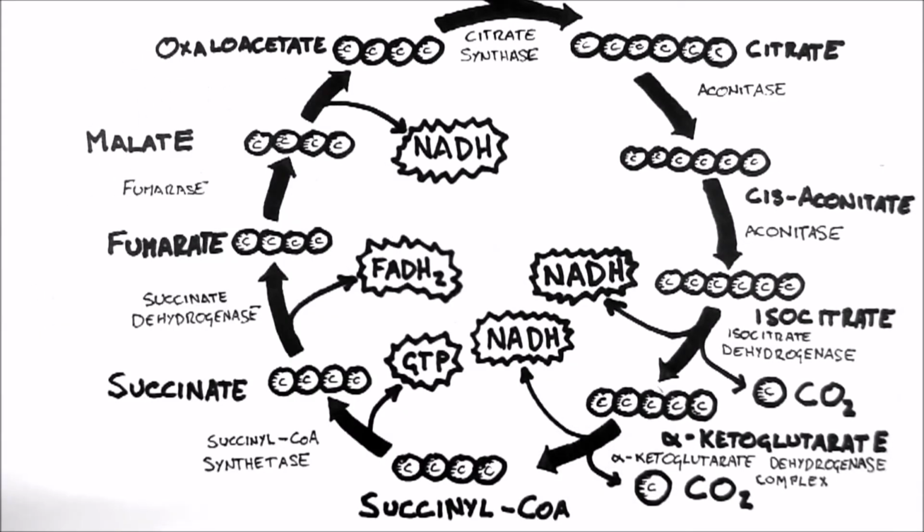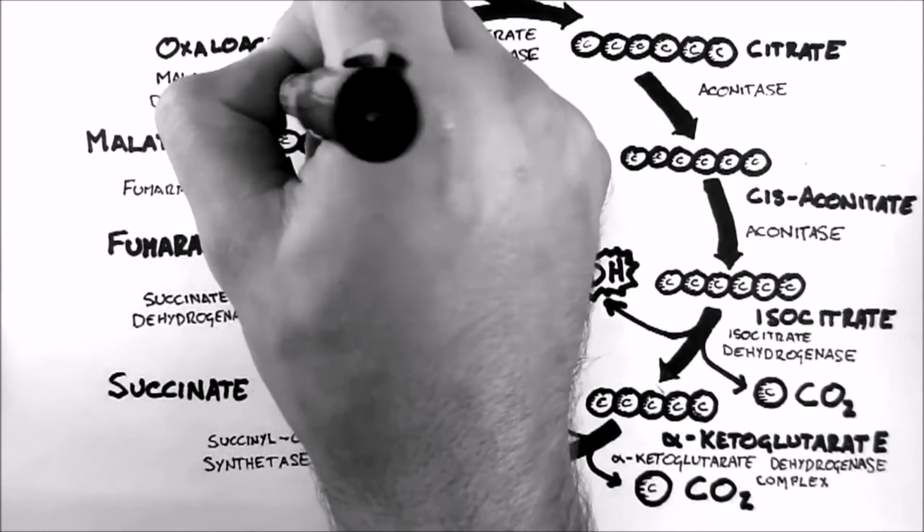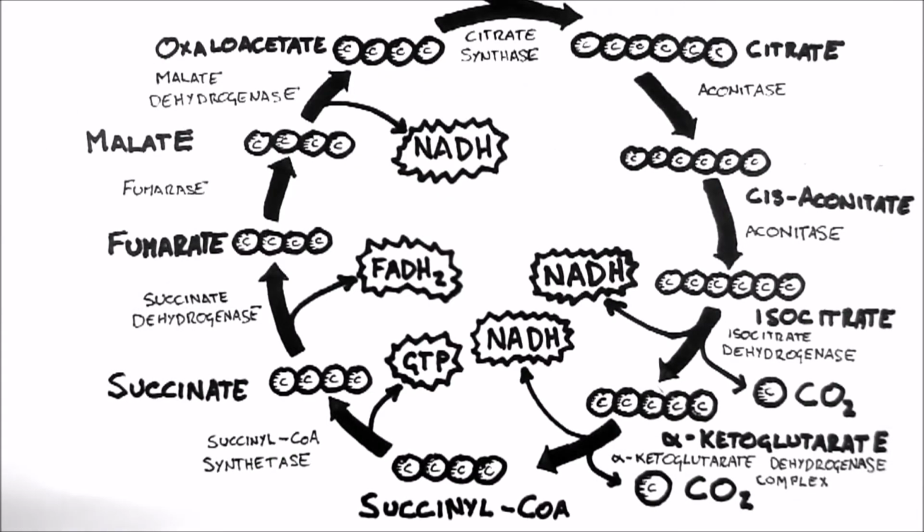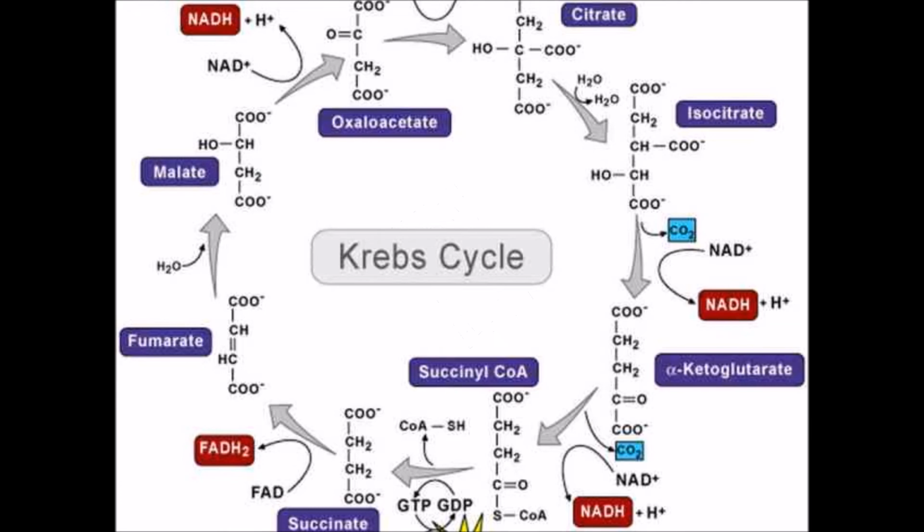Fumarase converts fumarate to malate. And then the final enzyme is another dehydrogenase, malate dehydrogenase, producing NADH and converting malate to oxaloacetate. And that's an overview of the TCA cycle.